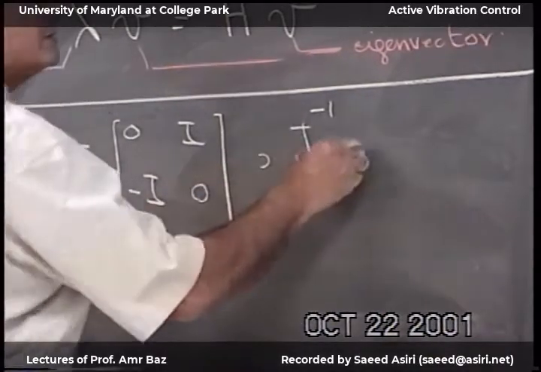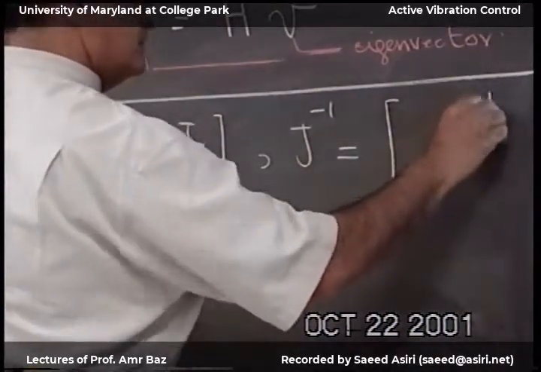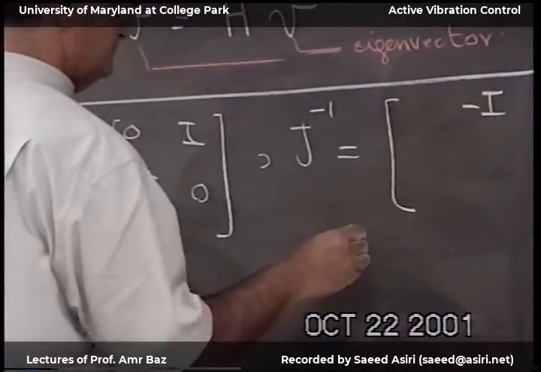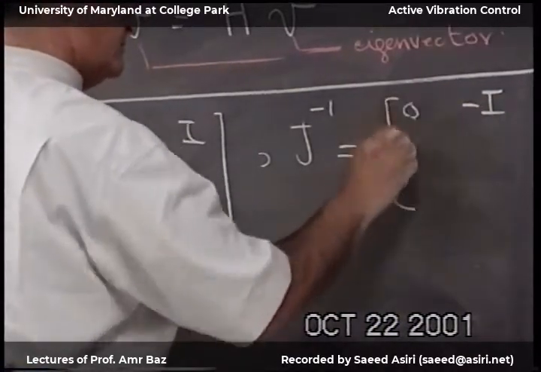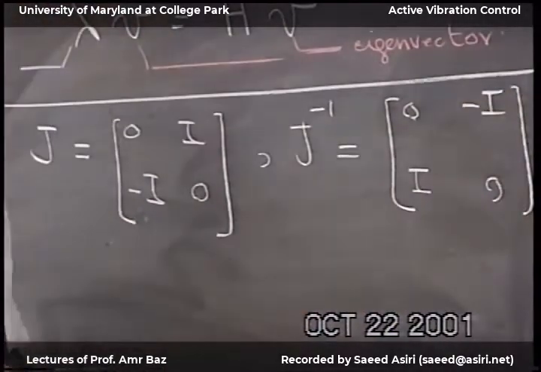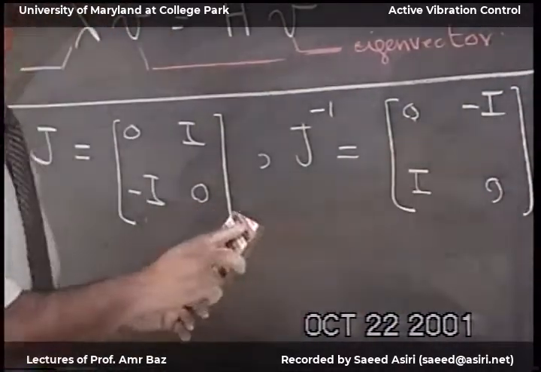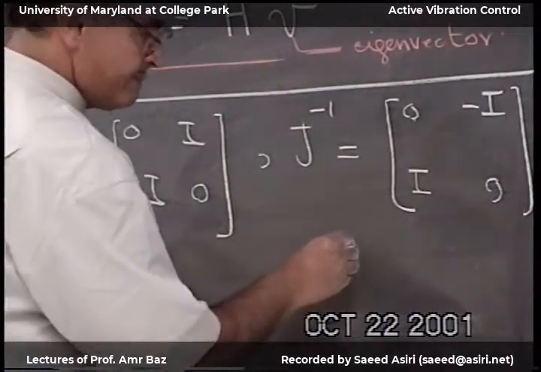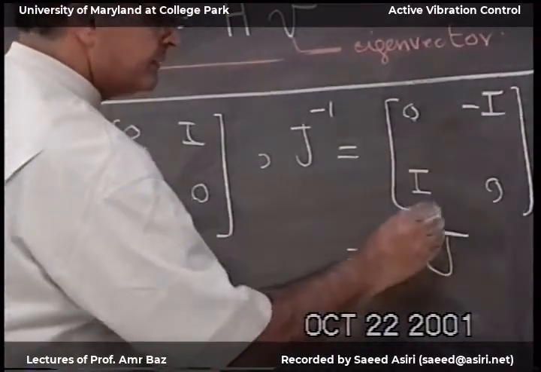So this will equal to minus I and 0 and I and 0, or this will equal to minus J.